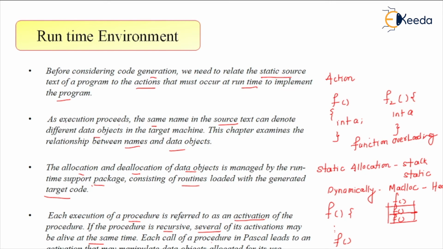So these are a few issues related to the runtime environment. Here is the action part, and here is the relationship between names and their data objects. Here we have static allocation and deallocation of memory, and here it is explicitly talking about activation records.